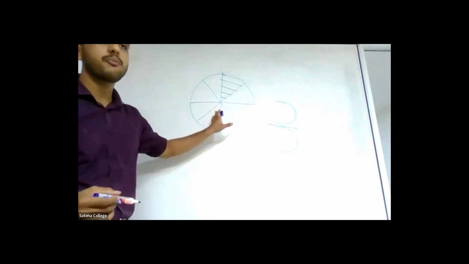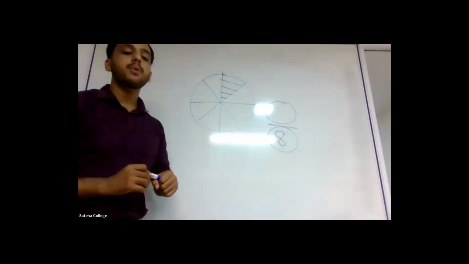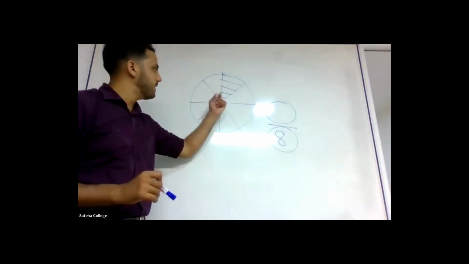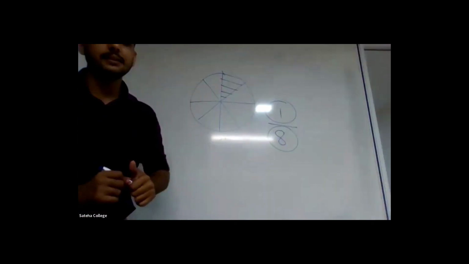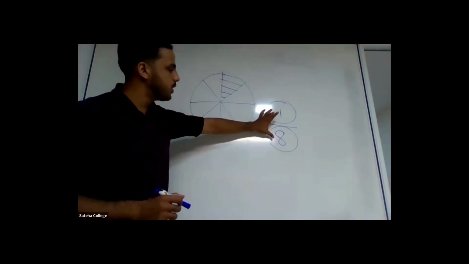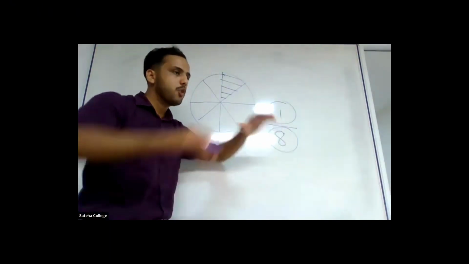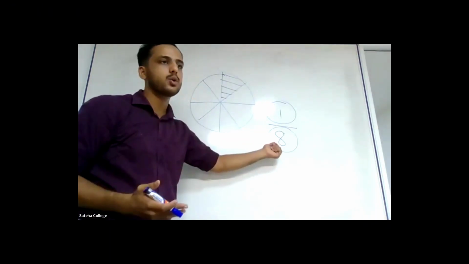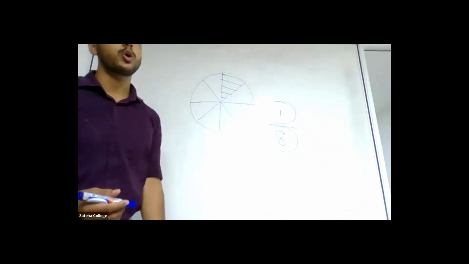What is the total number of parts here? 8. The numerator is the number of parts that you want. Here we need one part, so the fraction is 1 over 8. When you read 1 over 8, you understand the whole unit is divided into 8 parts, and we have chosen one part from that whole unit.